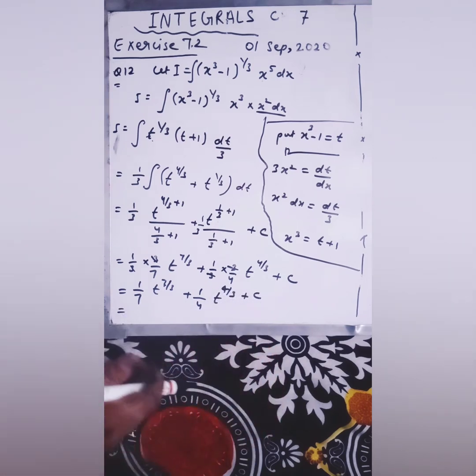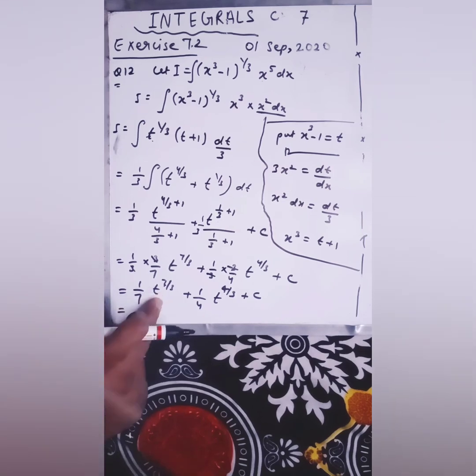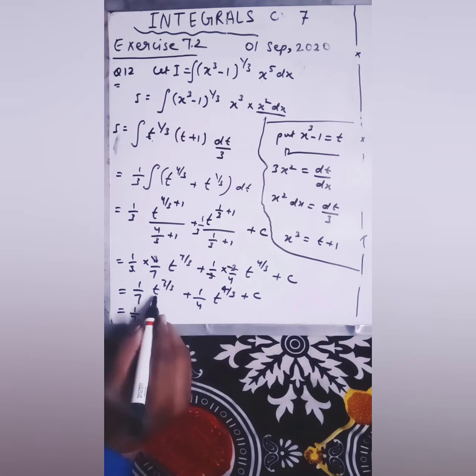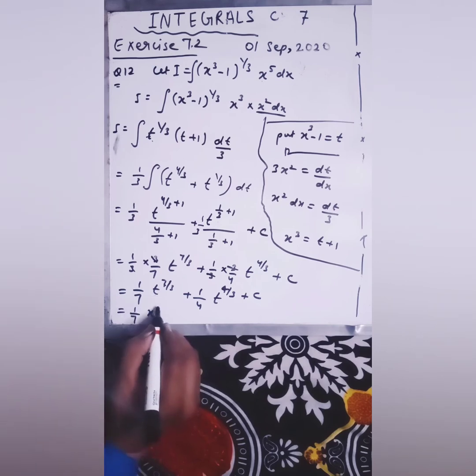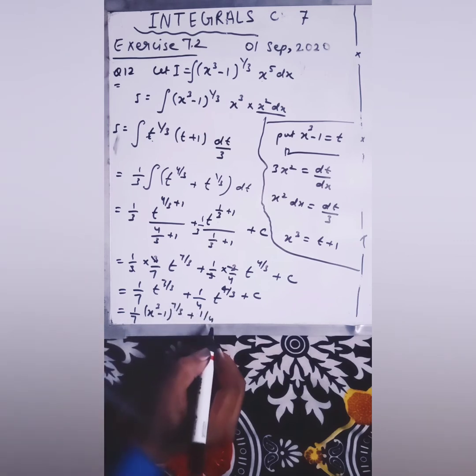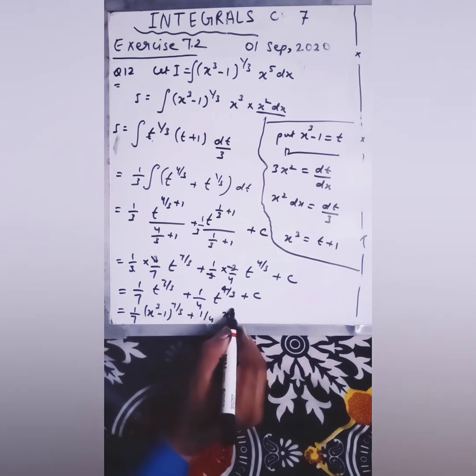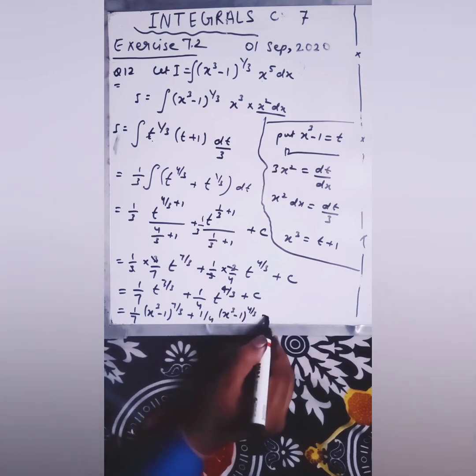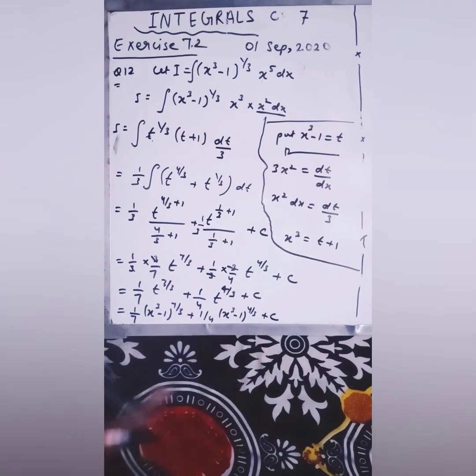Now in the last step, you have to replace this t. So I'm writing 1 by 7, in place of t I am putting x cube minus 1, this whole raised to power 7 by 3, plus 1 by 4, x cube minus 1 whole raised to power 4 by 3, plus c. So this is your required answer.